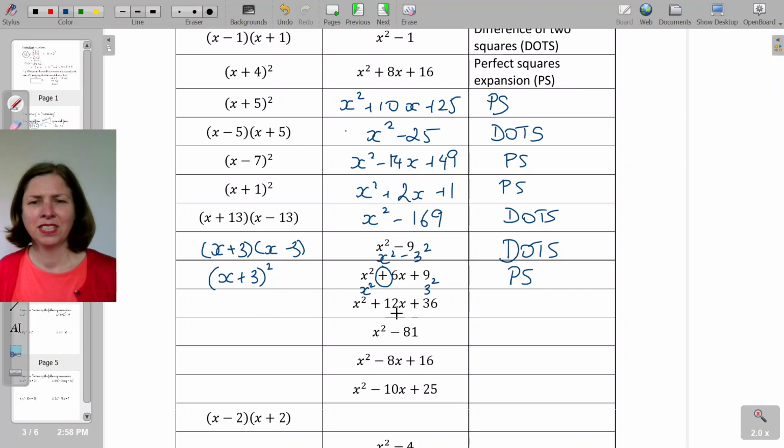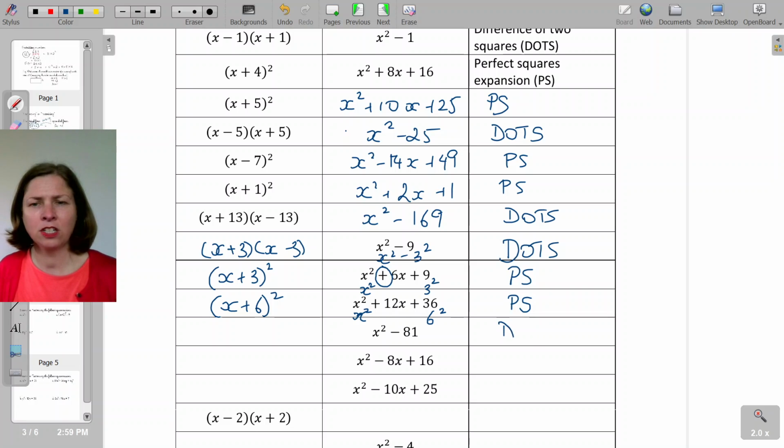The next one is also 3 terms, so it's not a DOTS, it must be a perfect squares expansion. Let's check the pattern. Here I've got x squared. Here I've got 6 squared, so in the middle I should have x times 6 doubled, and I do. So that's x plus 6 squared. Now I've got 2 terms and a subtraction in the middle.